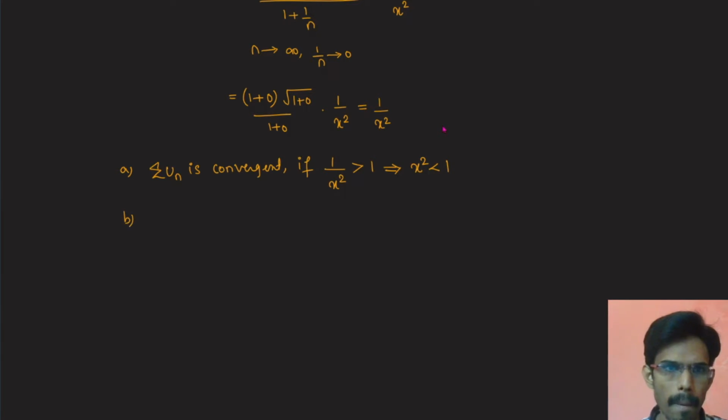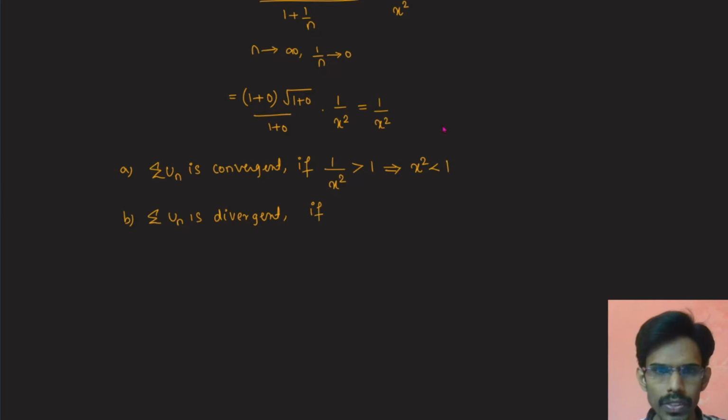Next we have sigma un is divergent if this ratio, that is x square, is greater than 1. Reverse of this.